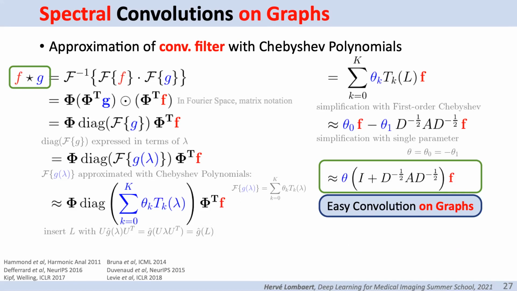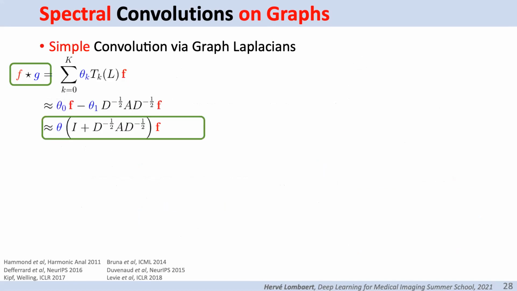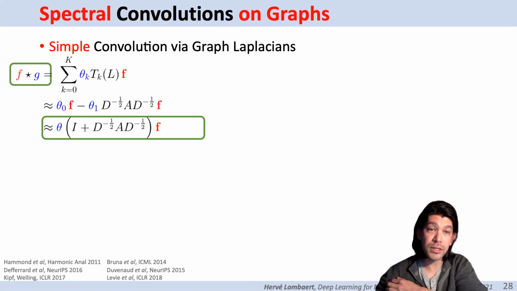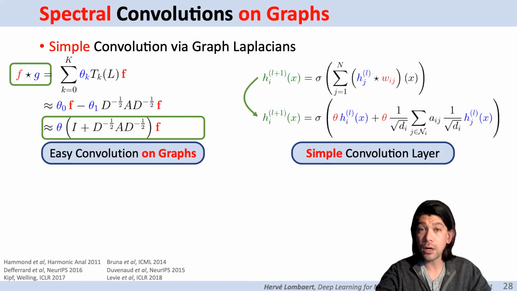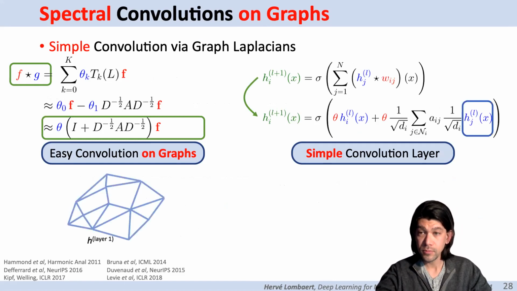This is theta here. So from this simplification, that's how we build our update rule, or how we construct our layers here. We have again our convolution simply becoming a multiplication. So if we look closer, that's the input data.